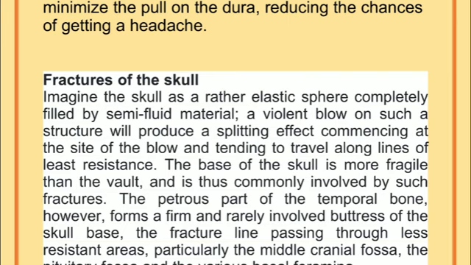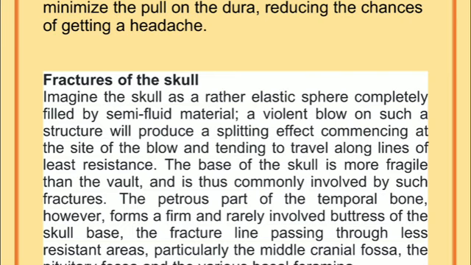Now, fractures of the skull. Imagine the skull. The skull is like an elastic sphere completely filled by semi-fluid material. So when you have a violent blow on the skull, it gives a splitting effect, and this splitting effect commences at the site of the blow and tends to travel along lines of least resistance.